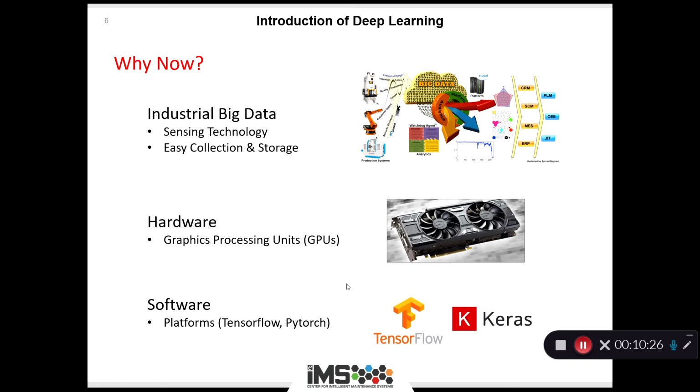We need some tools to facilitate our use of deep learning. And in the recent years, many big companies have come up with the software platform for the programming. So it is very easy for us to use the platforms for the programming, such as the TensorFlow and the Keras that we'll be describing.